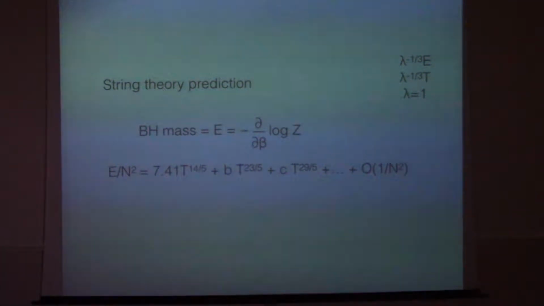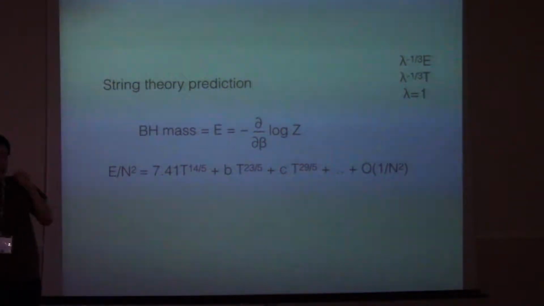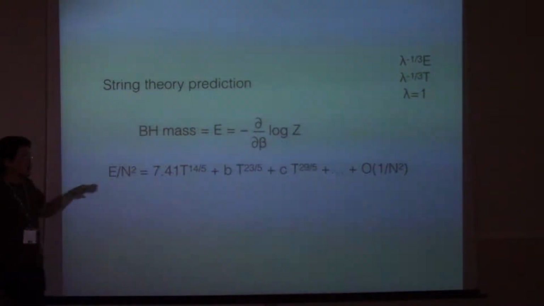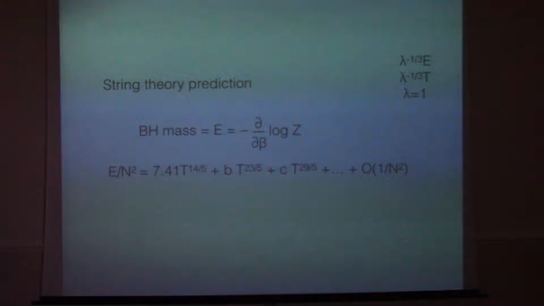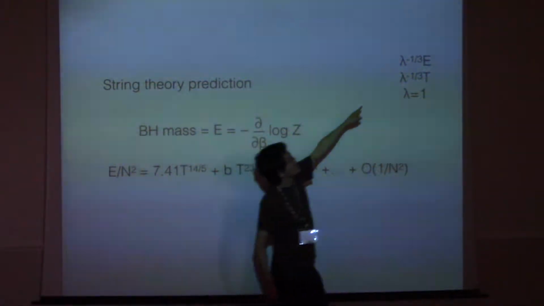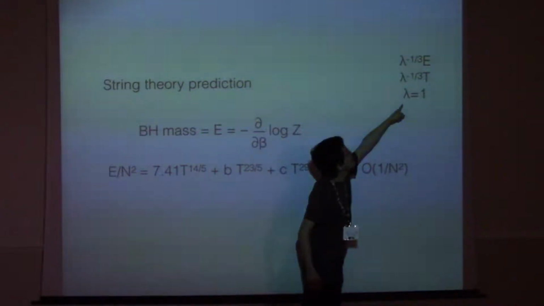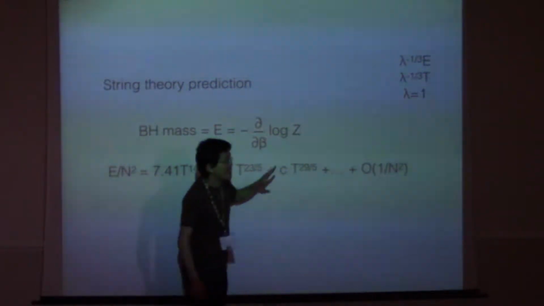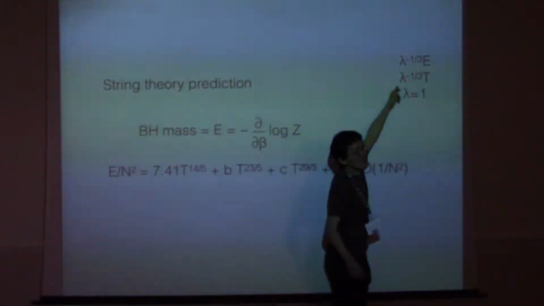Anyway, modulo that difference, Maldacena and company suggested the gravity dual of this theory. By calculating the black hole mass on the dual gravity side, if the duality is correct, then we can calculate energy on the gauge theory side. Below, I use this dimensionless unit, and I set lambda equals 1. So when I say T or E, it secretly means this combination.